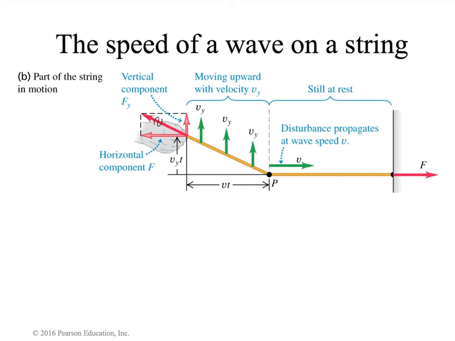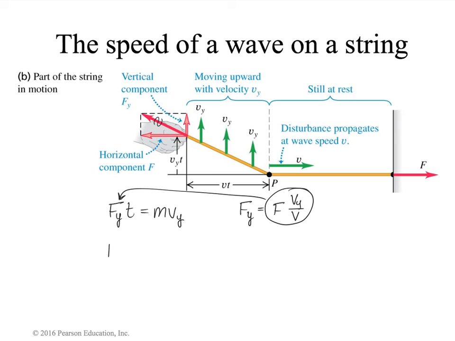So if we go back to our impulse-momentum relationship, it looked like this. And from our previous slide, remember F sub y was equal to F times V sub y over v. So we're going to substitute this into this expression.